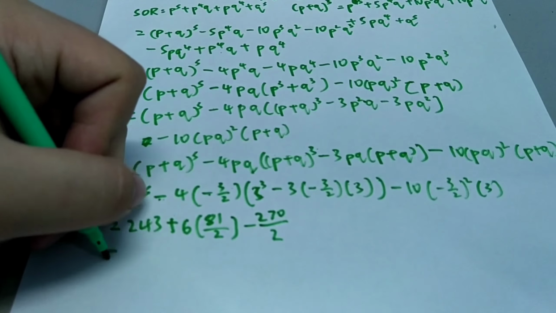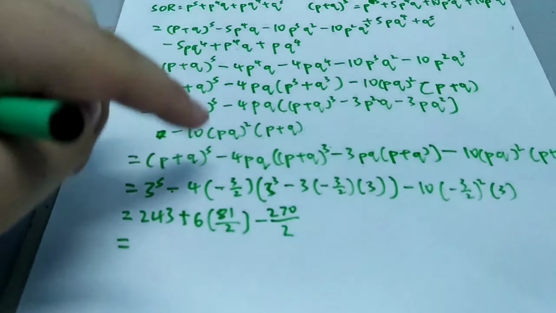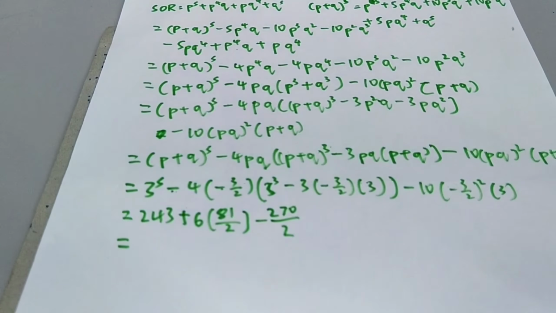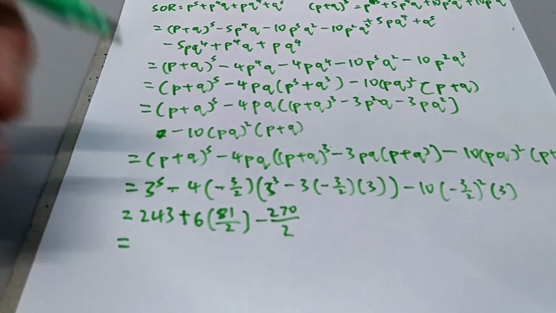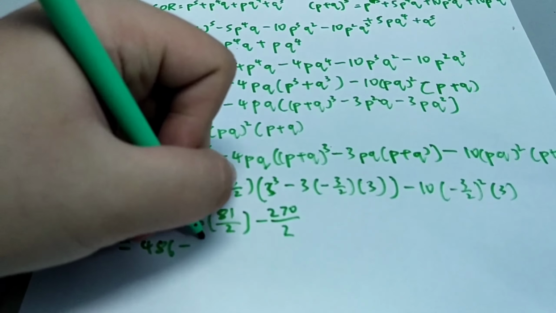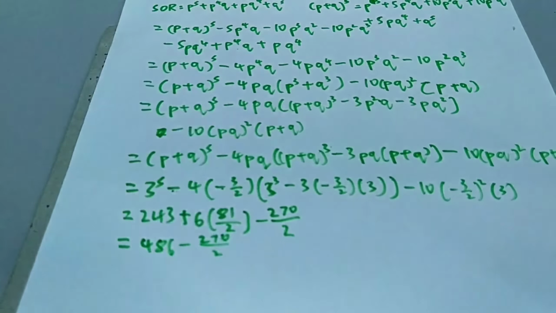and then 3 times 81, that's 243, and then we times 2 again, so 243 times 2, that's 486. So 486 minus 270 over 2.